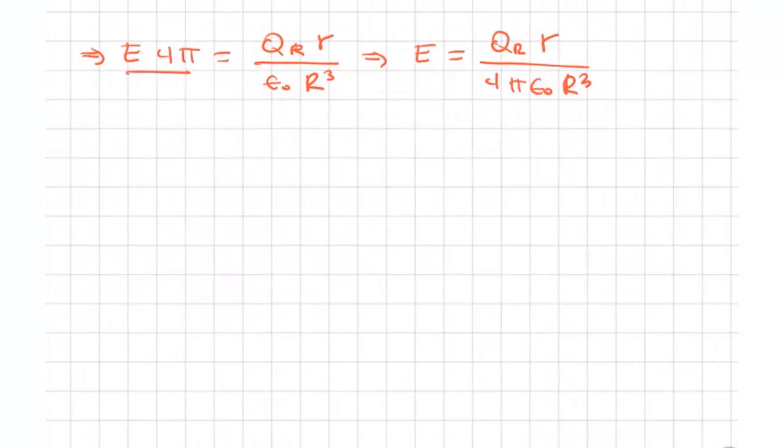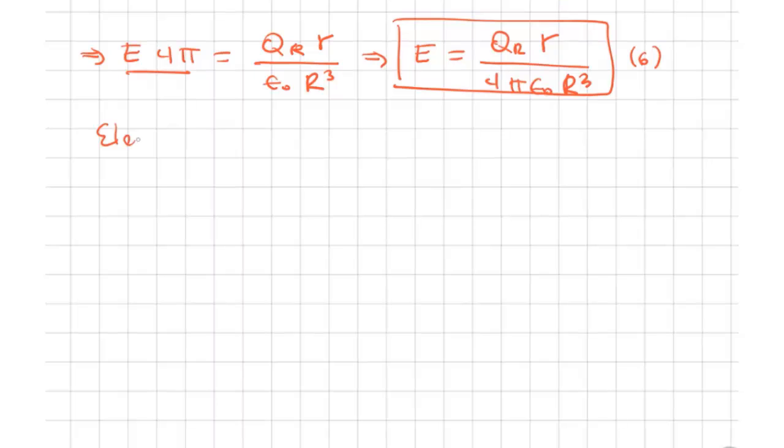Okay, and this is the result. We call it equation 6. And this is the electric field when r is smaller than the radius of the sphere.